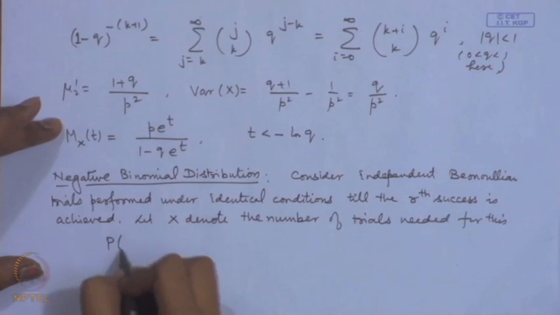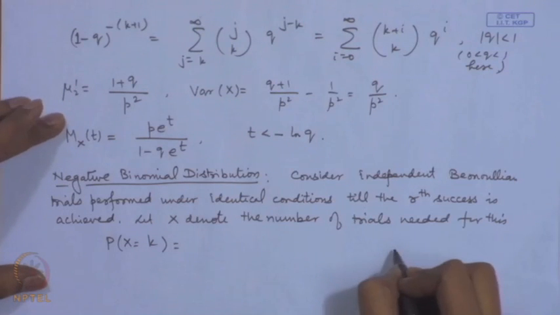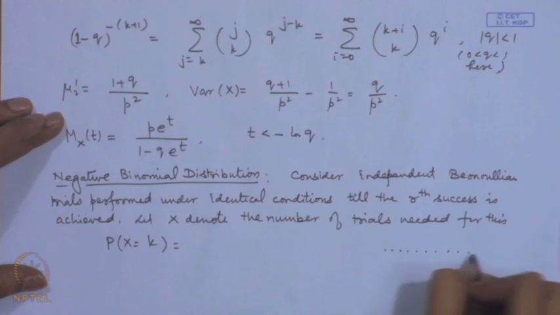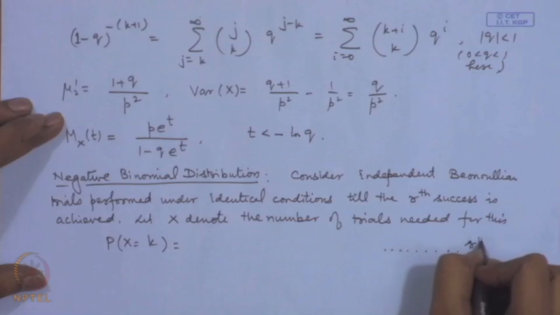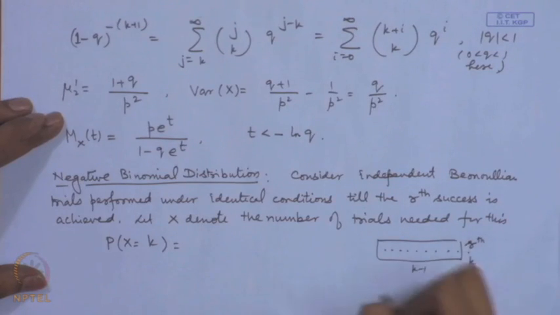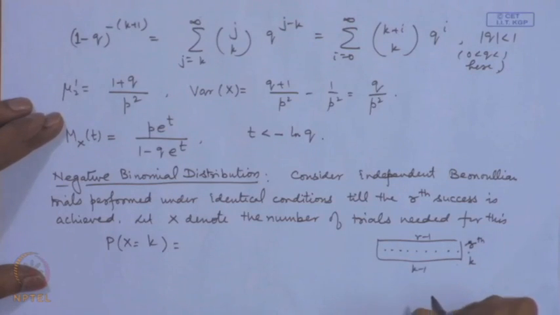Then what is the probability that X is equal to say k? Now, you see here the trials are getting performed, and on the kth trial, so this is first time rth success is observed. That means, prior to this there are k minus 1 trials, out of these k minus 1 trials r minus 1 successes should be there.